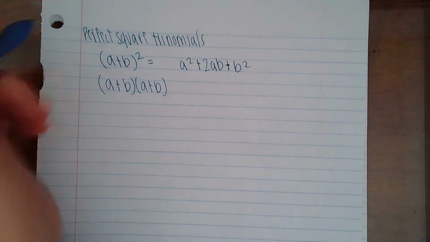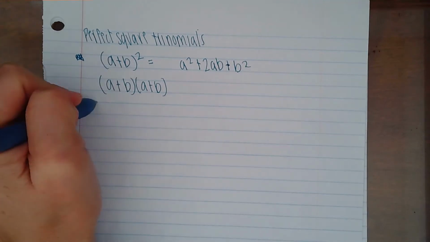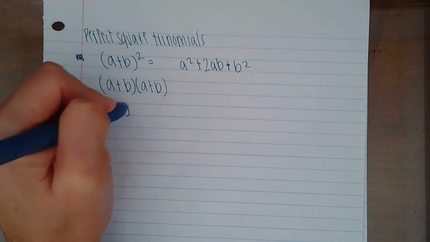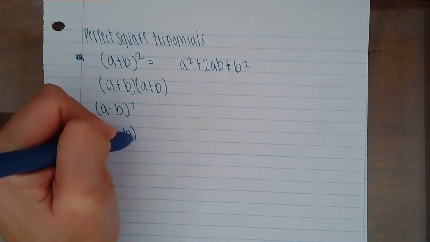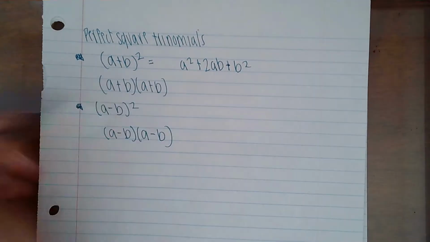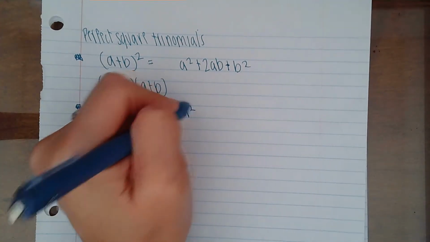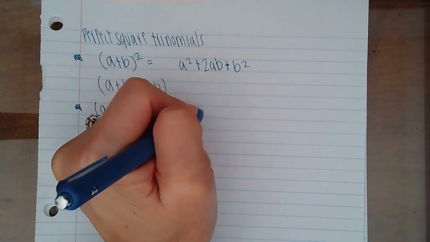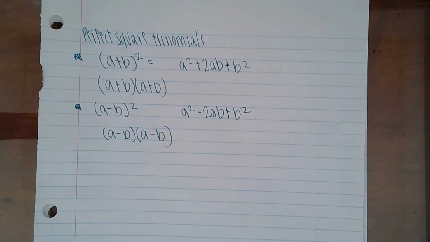The other one, if you were to do a minus b squared, which would look like a minus b times a minus b, you would end up with a squared minus 2ab plus b squared.